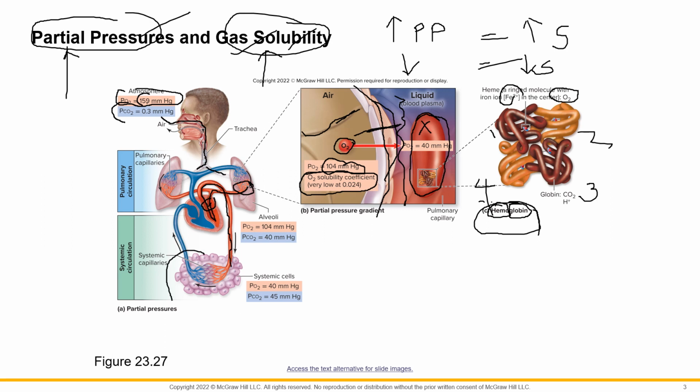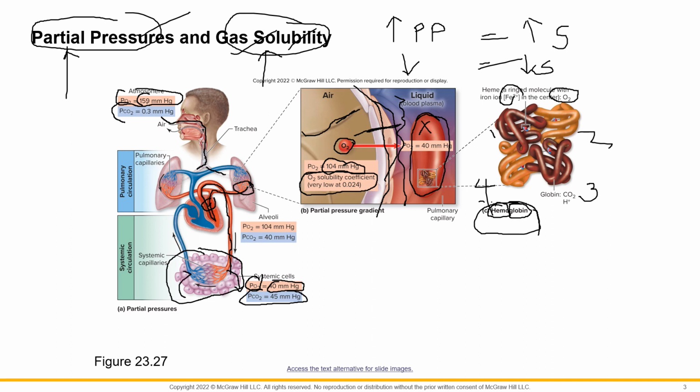Here is a representation of your tissues undergoing cellular respiration. At the tissue level, oxygen is going to get unloaded. It's going to hop off the ride, and by the time it reaches here, the partial pressure of oxygen is about 40 millimeters of mercury. Now here is where carbon dioxide is going to load on.